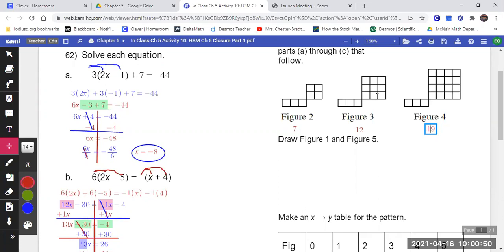So how many did they add in from figure 2 to figure 3? Let's start there. 5. How did the look change from figure 2 to figure 3? They added in 5, but where? How did they make things a little different? How did the look change?